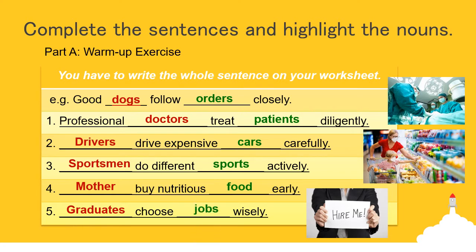Number five, graduates choose jobs wisely. And students, please try your best to highlight the second noun or the object of each sentence with highlight pens of a different color. It will help your revision later.